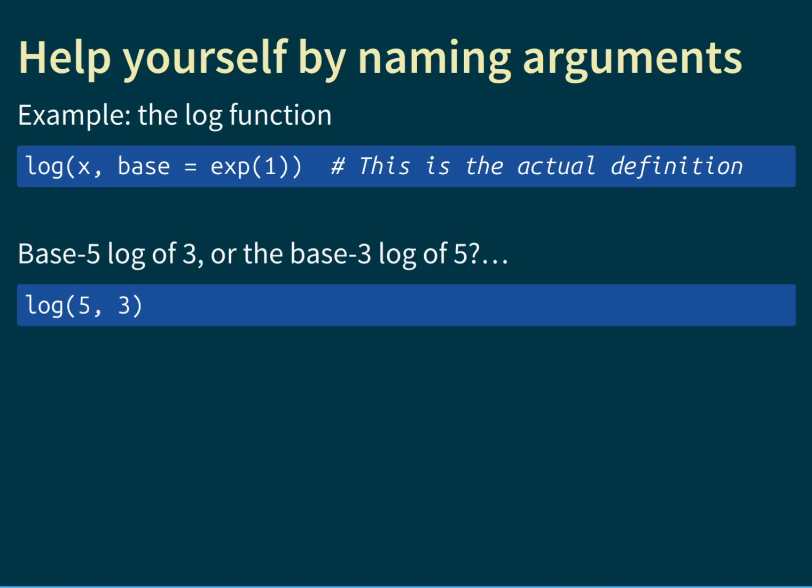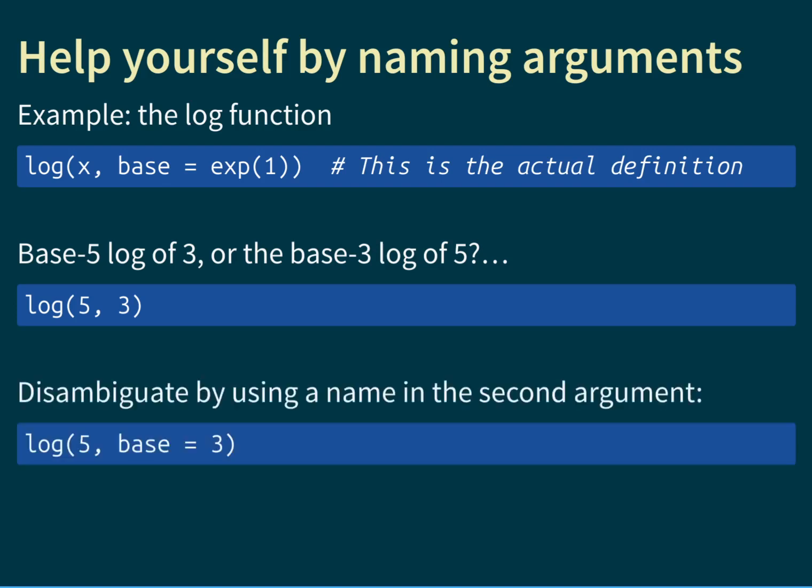That is why, if we know that the second argument is called base, and it is, look up the help page for the function and you will see that it is, then it is much more clear to compute the number as log(5) and then say base equals 3. And this makes it crystal clear that we're computing the base 3 logarithm of 5 and not the base 5 logarithm of 3. So you can really help clarify your own thinking and clarify your code, both for yourself and other people who might be looking at it, by naming arguments as necessary.